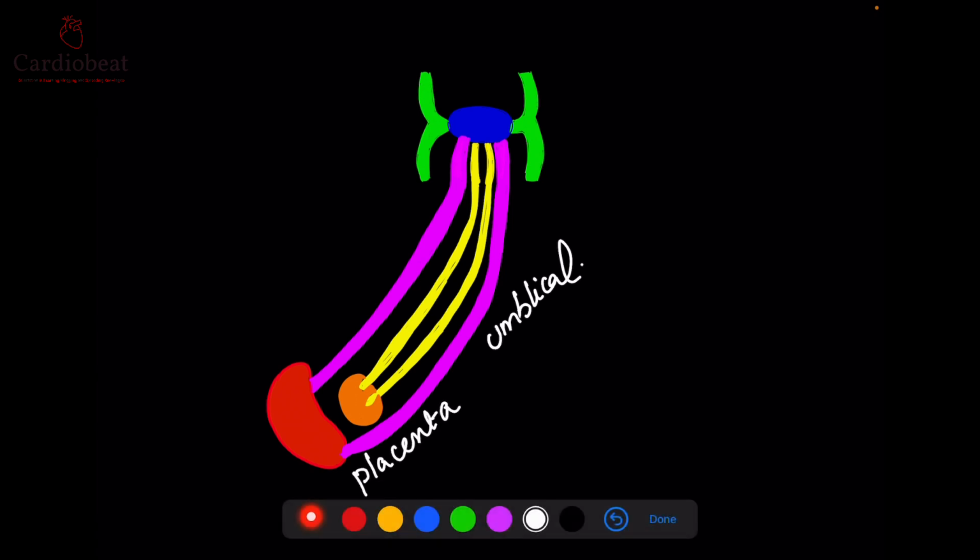So the umbilical vein is draining the placenta, and you could see the yellow structure, which is the vitelline vein, which is draining this orangish colored structure, which is nothing but the yolk sac.